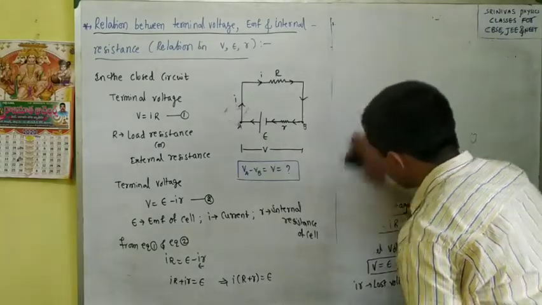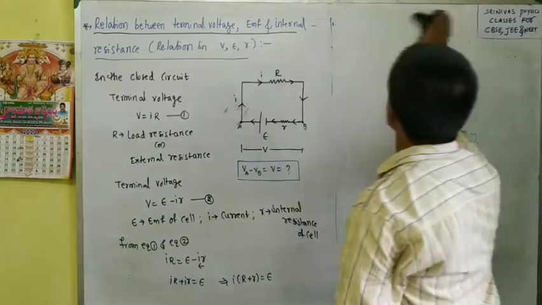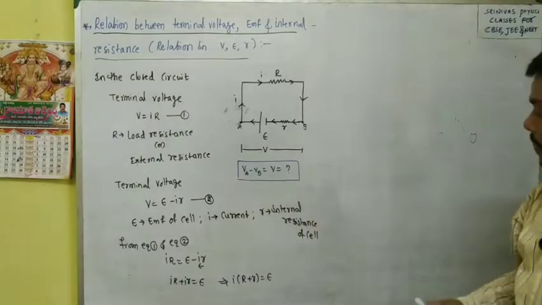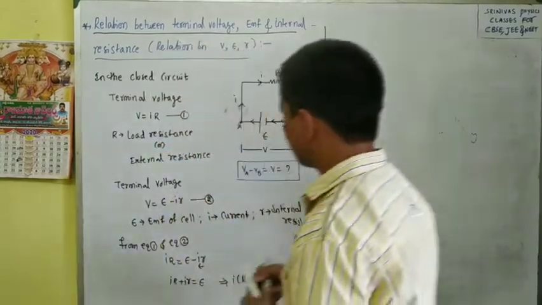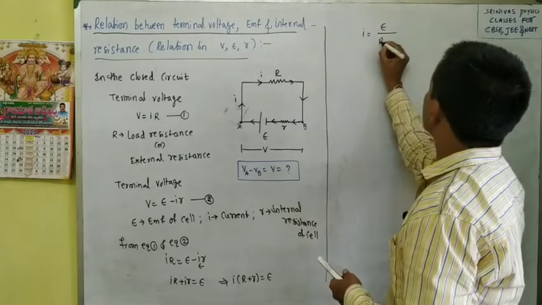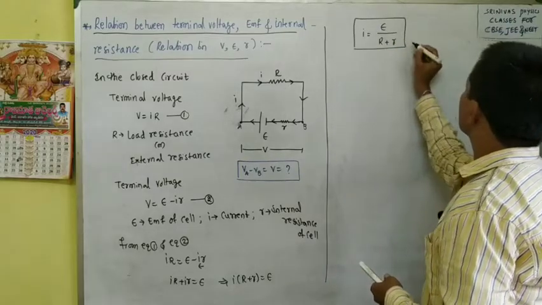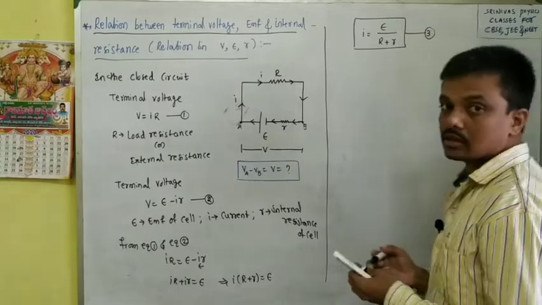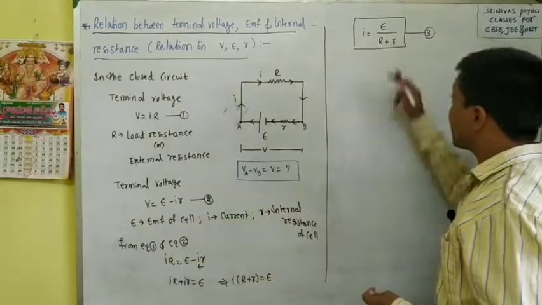Current in the circuit: I is equal to E by capital R plus small r.